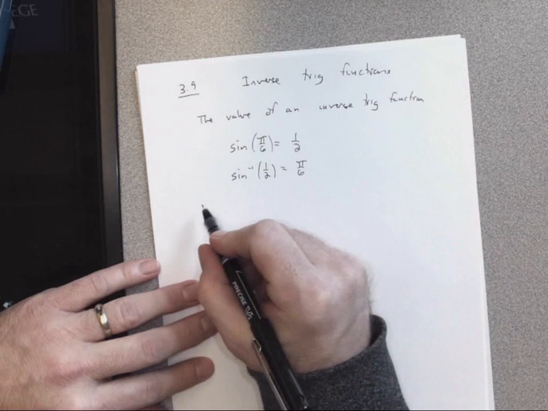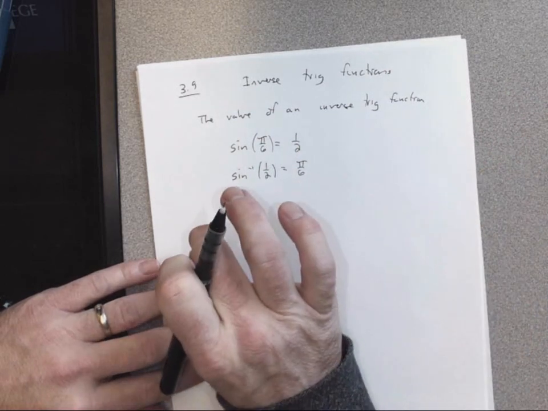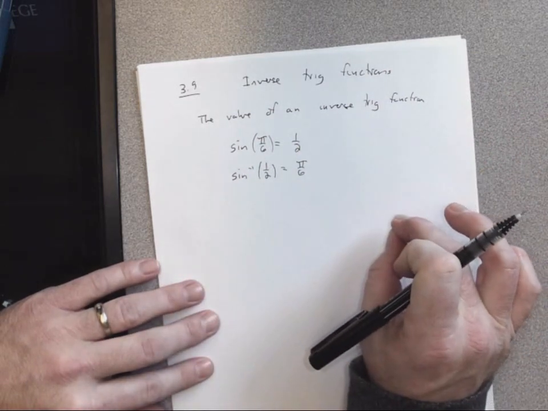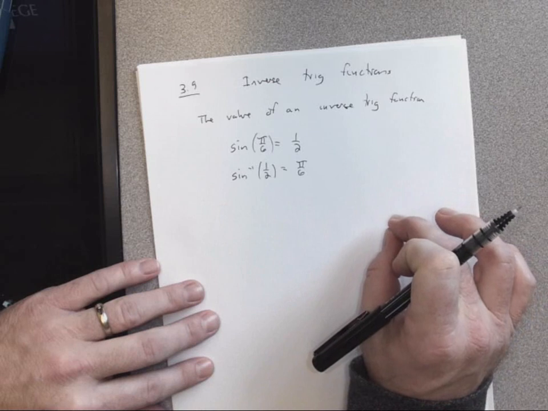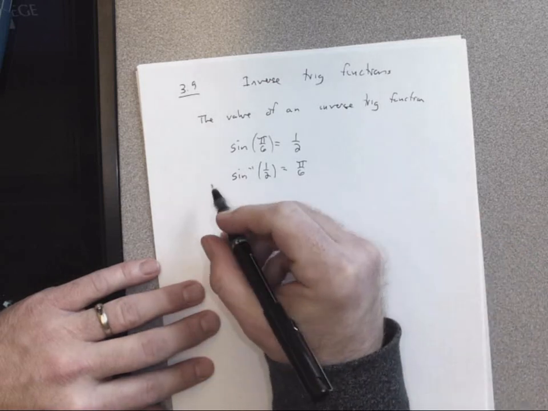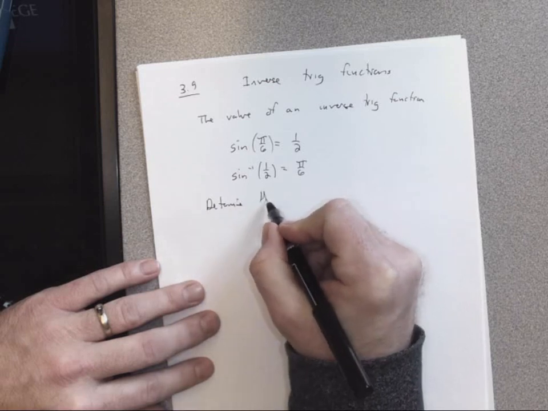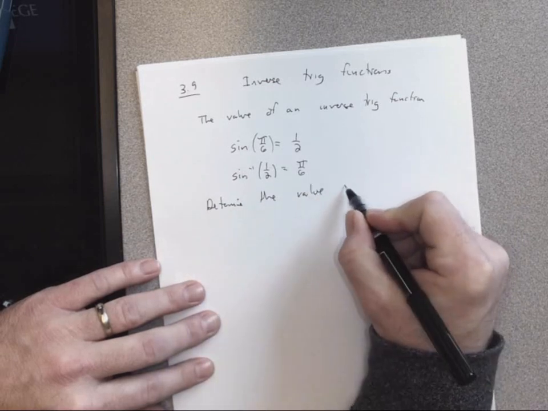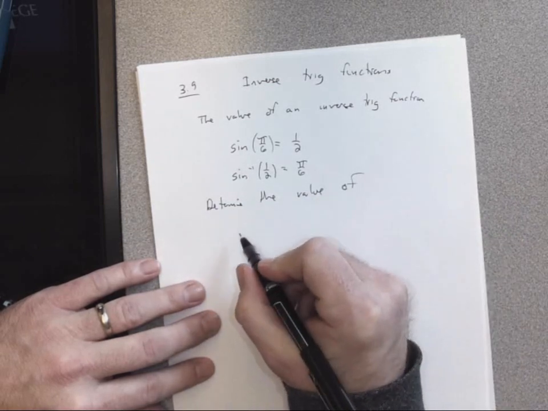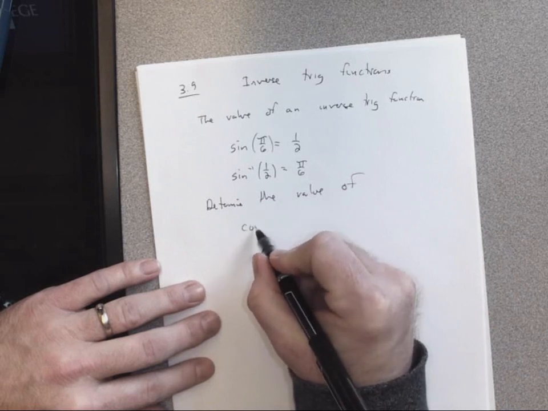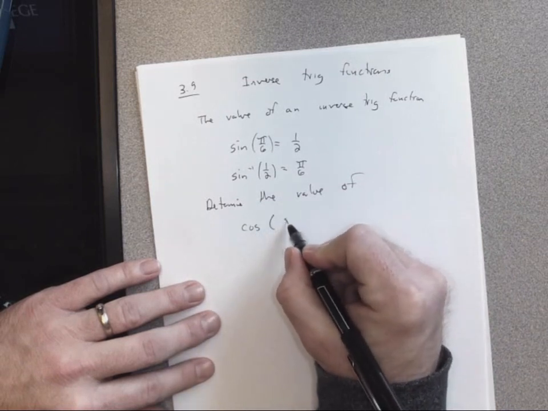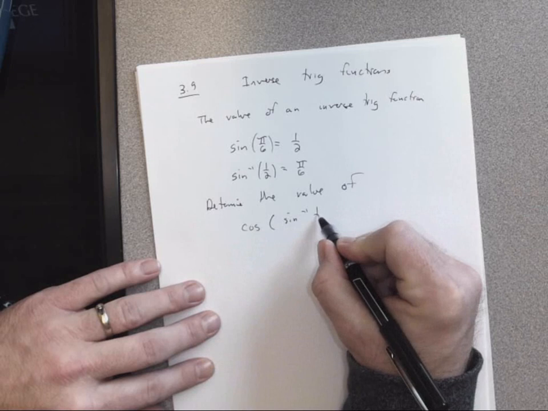What I want to get into is what about our mixed compositions. So if I ask us to determine the value of the cosine of the sine inverse of 1/2.